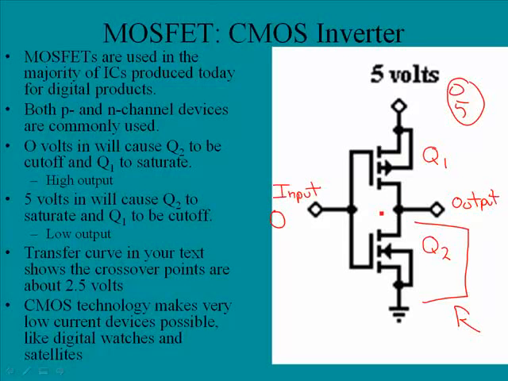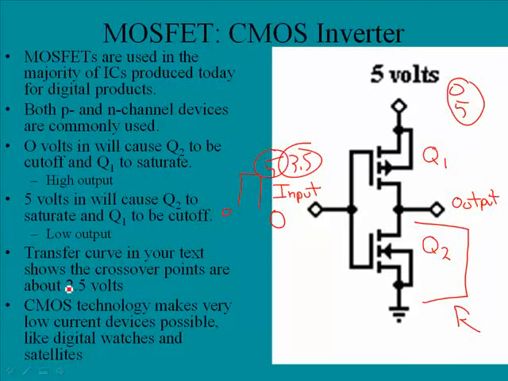Now this is the same idea as the totem pole logic. One is on and the other is off. The transfer curve in your text shows the crossover points are about 2.5 volts. So you have your input coming in probably 0 and 5 volts, or 0 and 3.5, depending on the digital logic level.